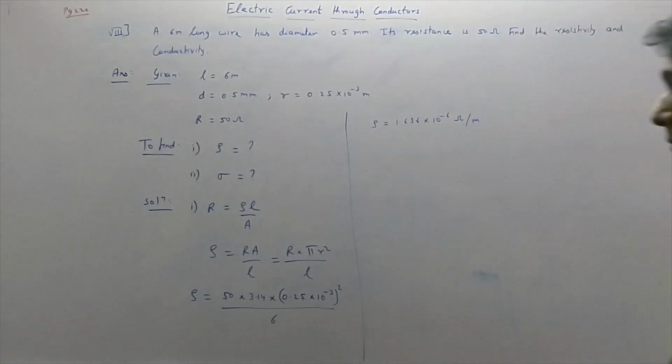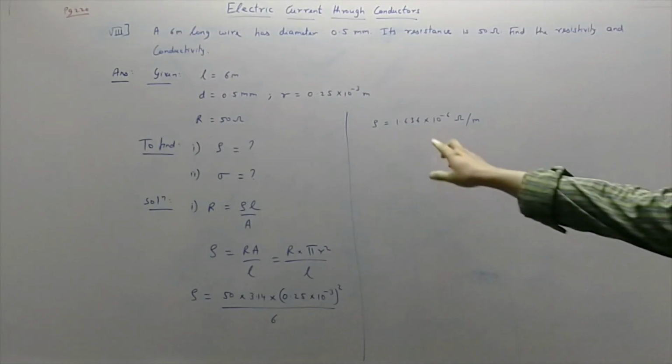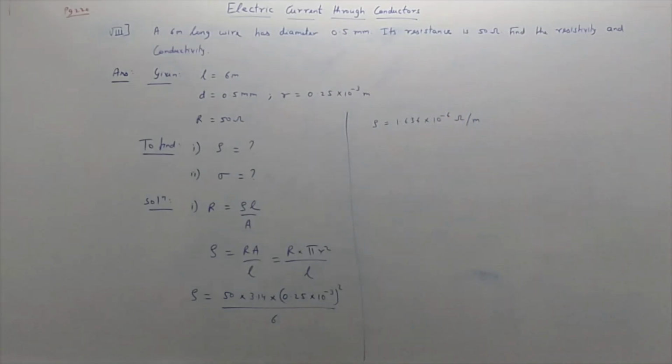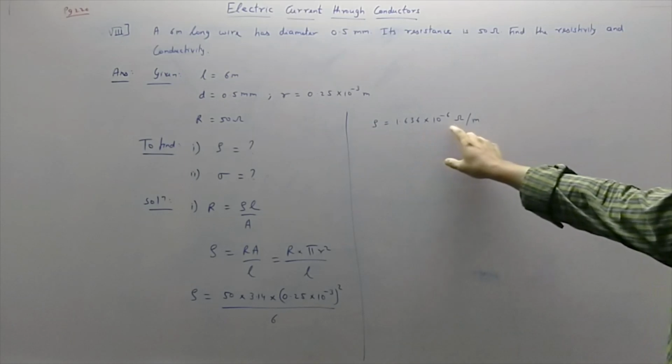You will get approximately this value. You can solve up to 2 decimals also and get the correct answer. Calculate this, you will get 1.636 into 10 to the minus 6.